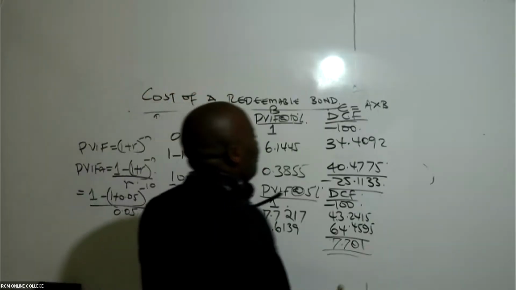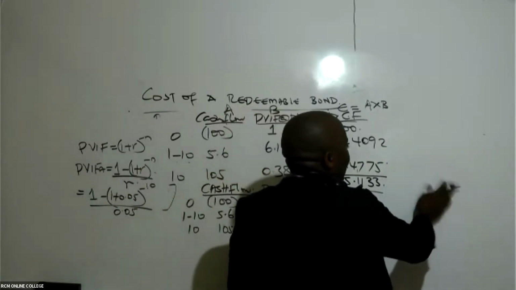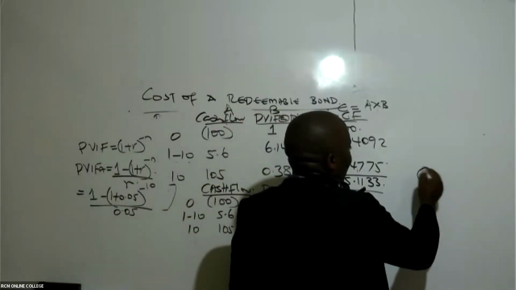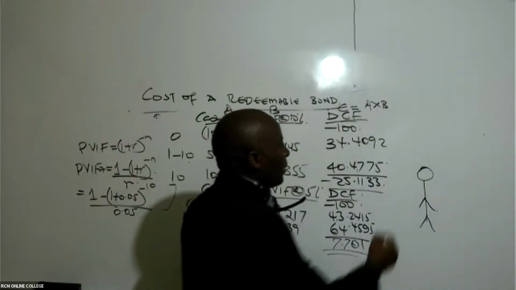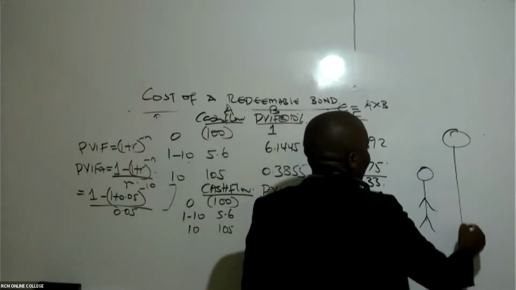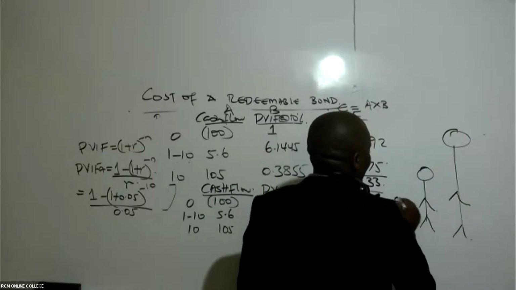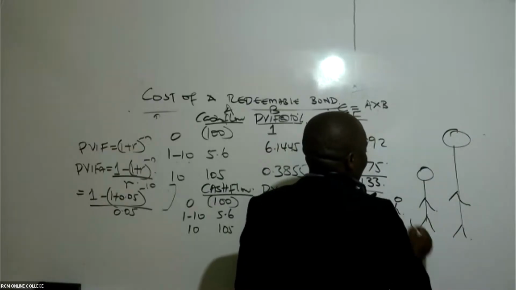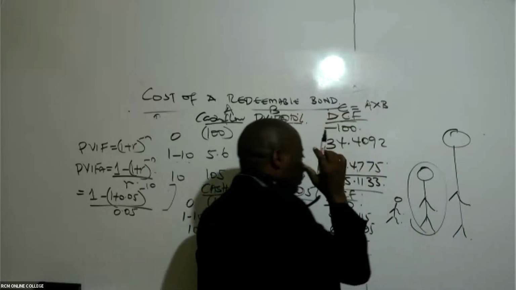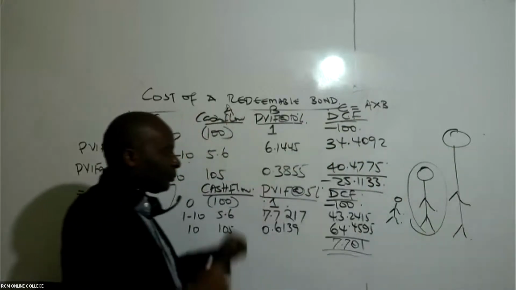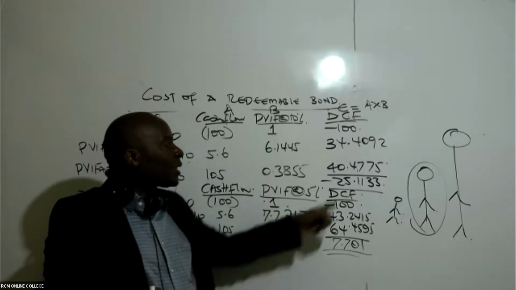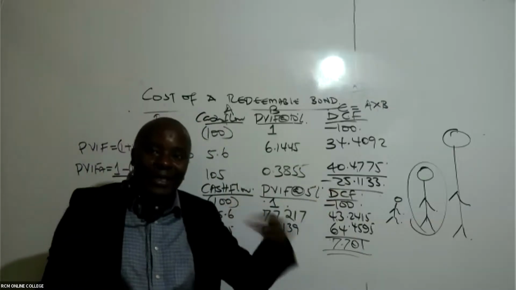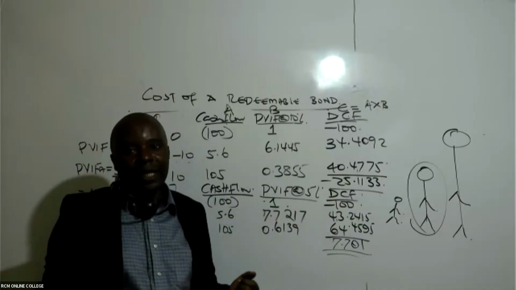Now, I gave you some analogy. I told you, whenever you're getting IRR, it's like you are in some wrestling match, and you're always at the middle here. The first match, you are beaten because you got a negative NPV.